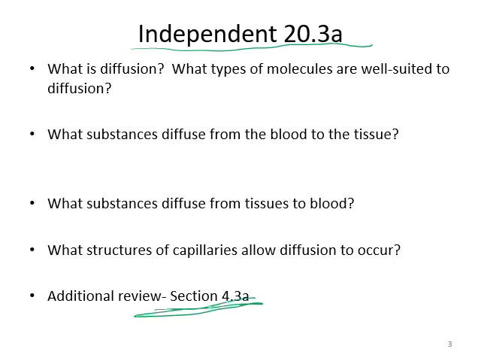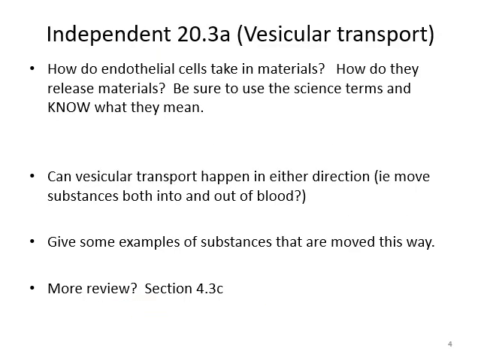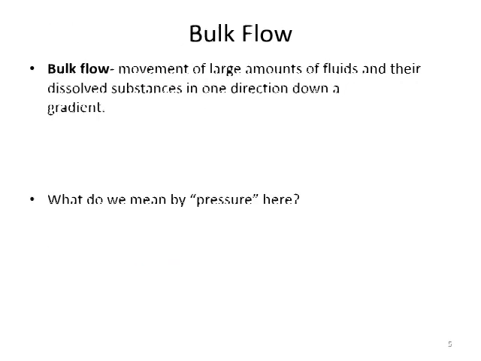That's in section 4.3a. The same thing with vesicular transport. So you want to understand what kinds of materials capillary endothelial cells can take in by vesicular transport, and give some examples of substances that are moved by vesicular transport. Again, if you need more review, check back to section 4.3.